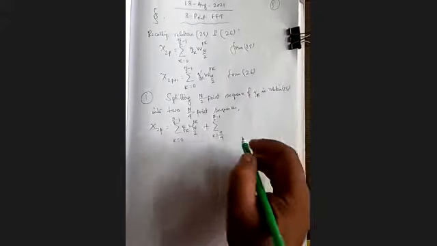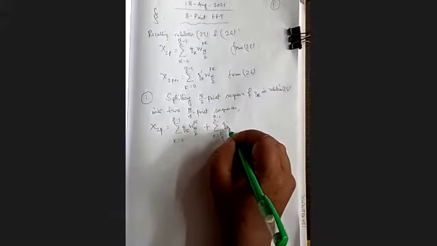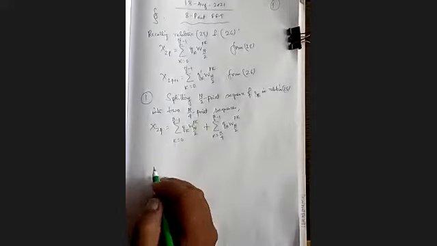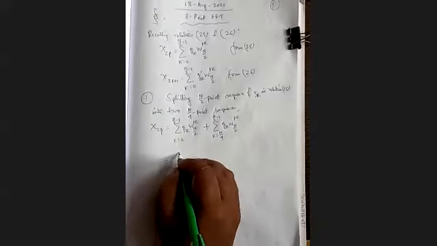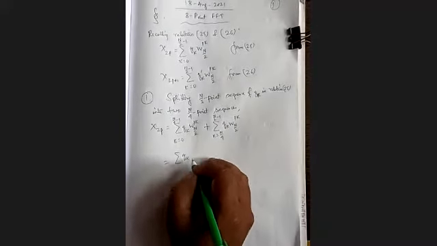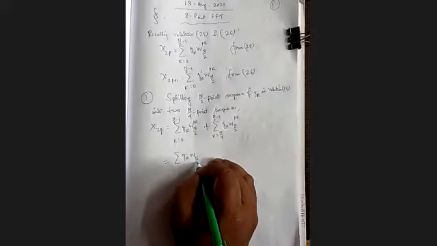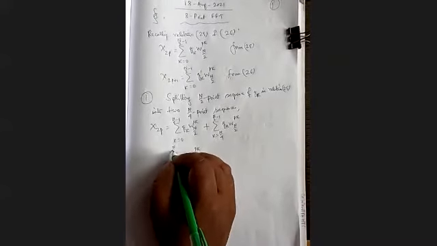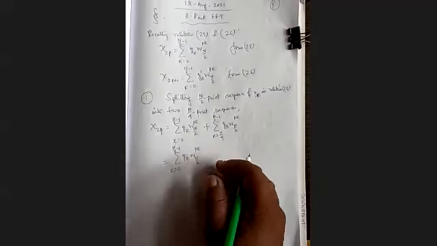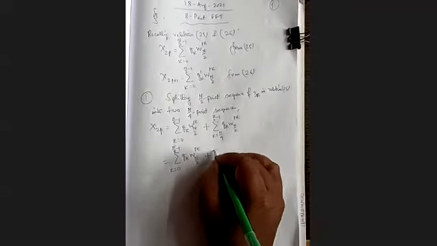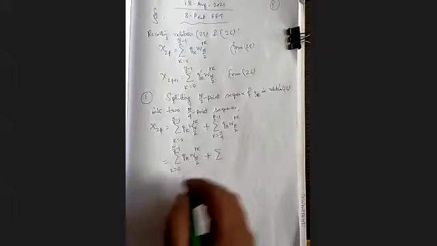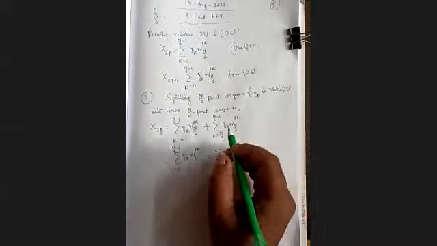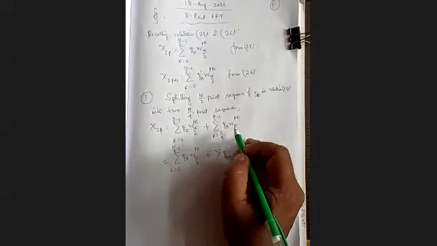So we are further segregating it. Then summation g_k W_{n/2}^{pk}, k varying from 0 to n/4 minus 1, plus summation g_{k+n/4}. Note that here we are just shifting it.